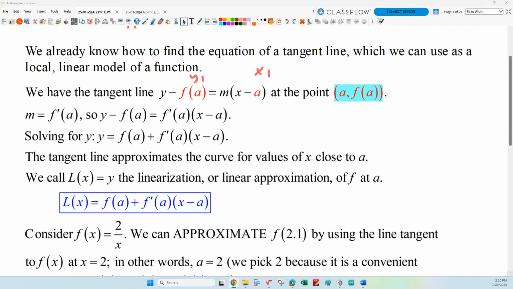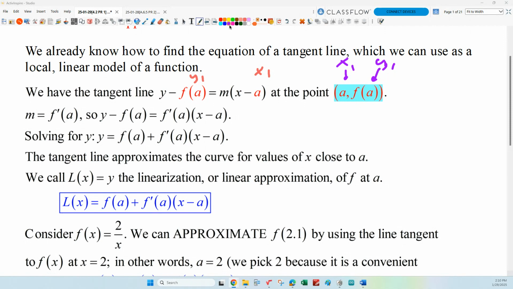But what is y1? That's the value of the function at some convenient place that's going to be our point of tangency. The point of tangency is at x equals a, and therefore the y value is f of a. So this is x1, and that's y1, f of a.